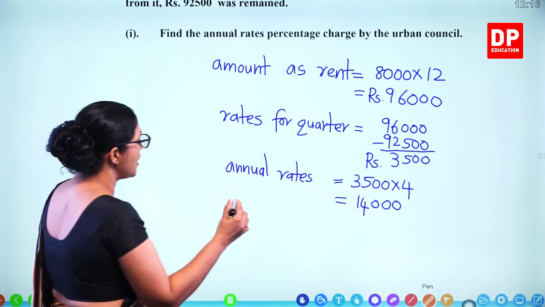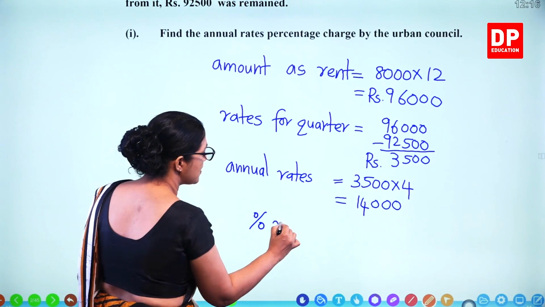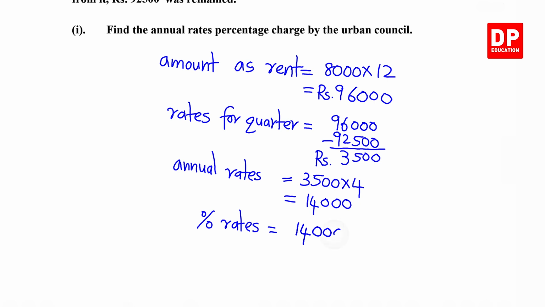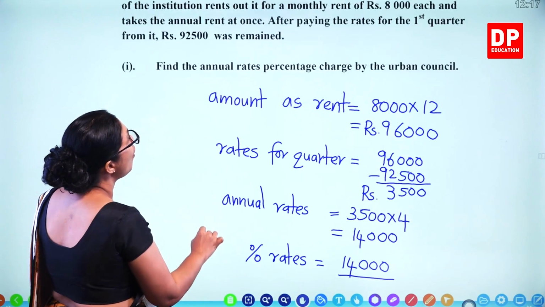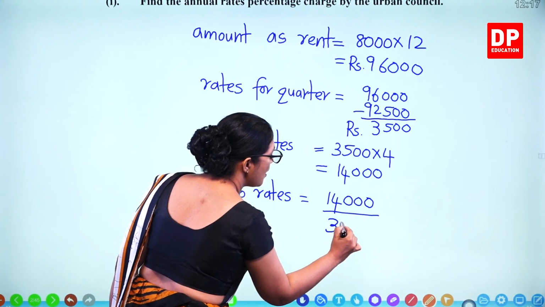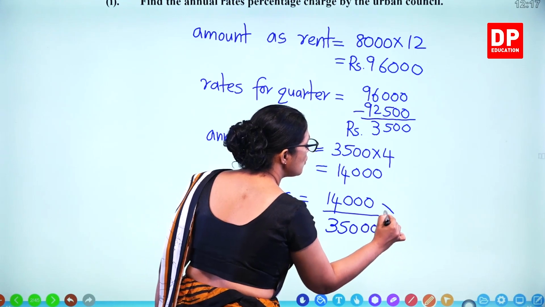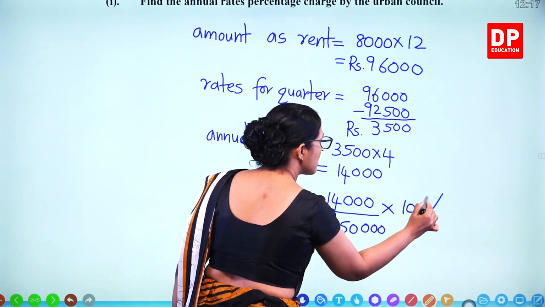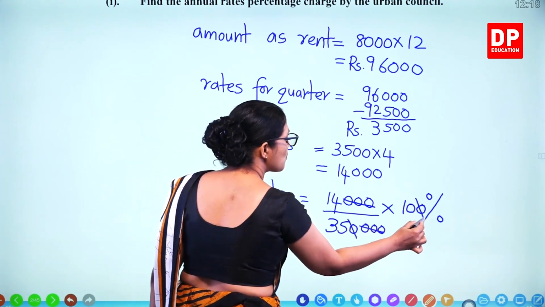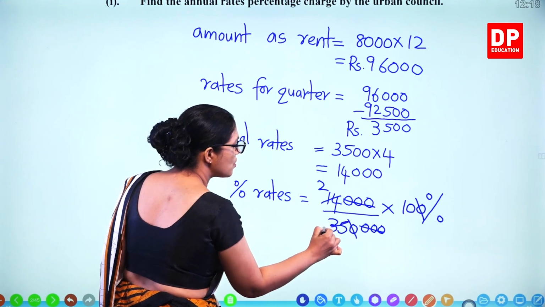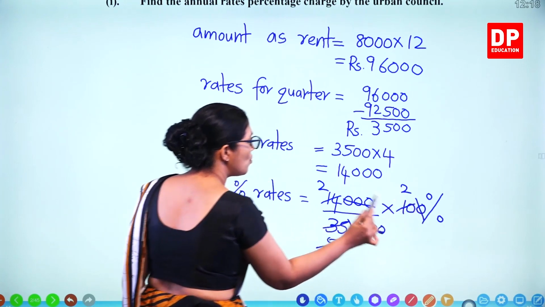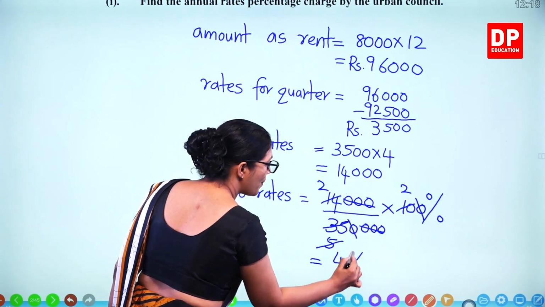You need the percentage charge. Percentage rates is equal to, you are paying 14,000 rupees for 350,000. So 14,000 over 350,000 into 100%. 3 zeros get cancelled out, 1 zero with this one. 7 times 2, 7 times 5. 5 and 10, you get 2, 2 times 2, 4%.